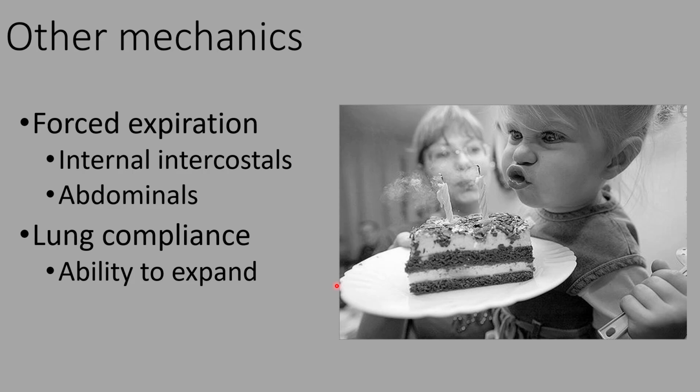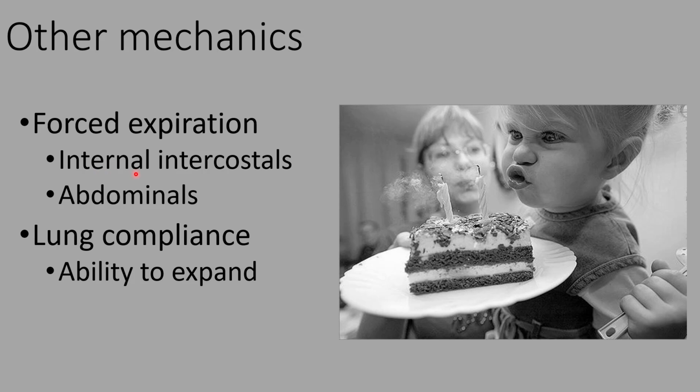But there are some other things that could happen. So let's take a look at those. There's something called forced expiration, like when you're blowing out a candle or blowing on someone's neck to scare them or something like that. If you play a musical instrument that requires you to blow air into it, all of that is called forced expiration. And in forced expiration, well, this uses a different set of muscles.